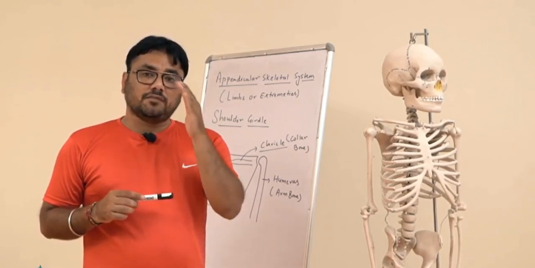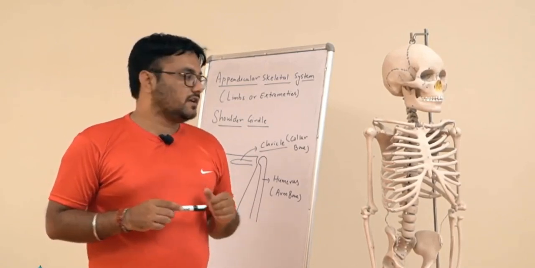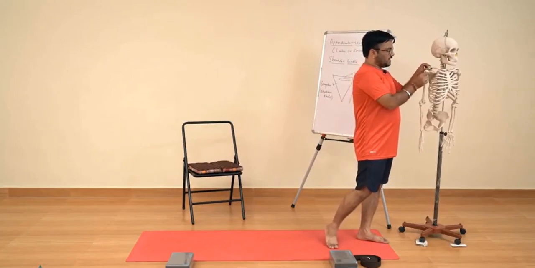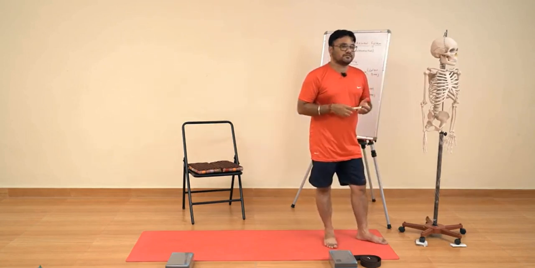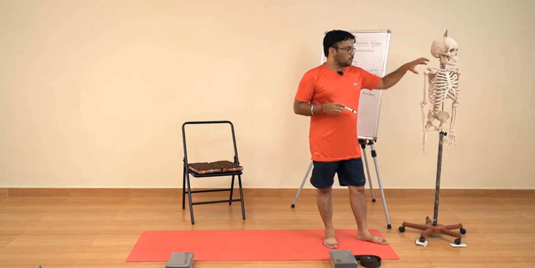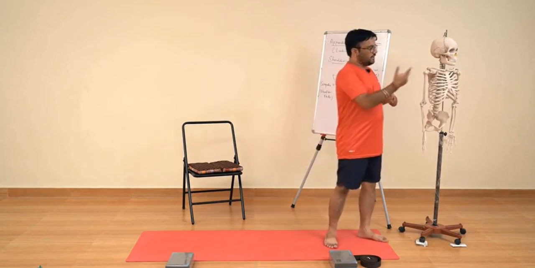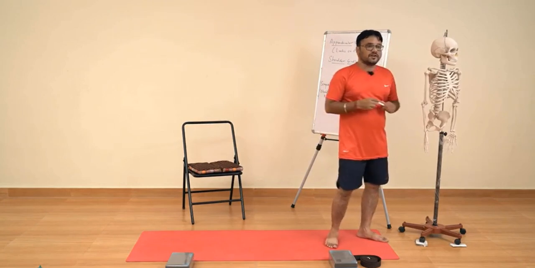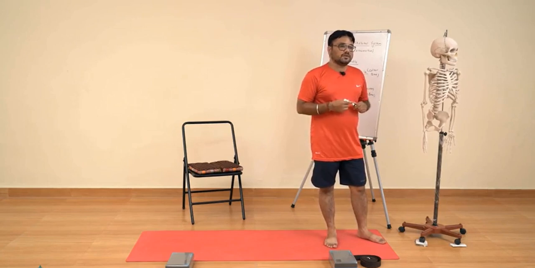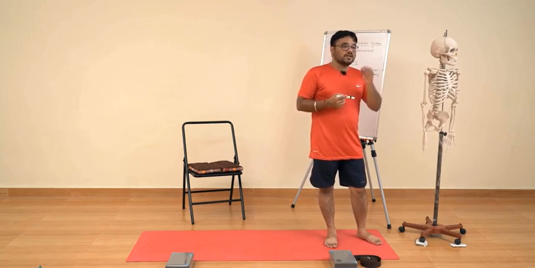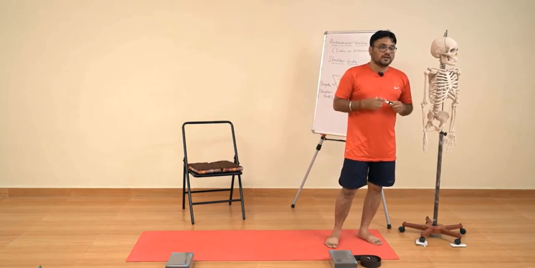In this area we have so many structures: a capsule, the outer covering; ligaments that connect these different bones together; a bursa, the deep connective tissue; and synovial fluid inside, which is why we say it's a synovial joint, giving more mobility, viscosity and lubrication to your joint.